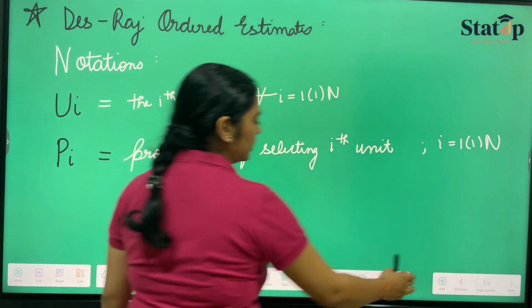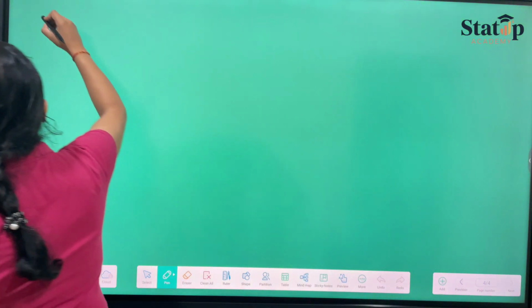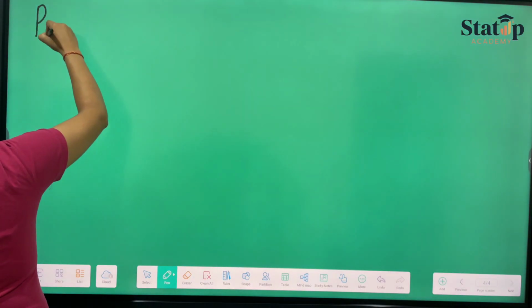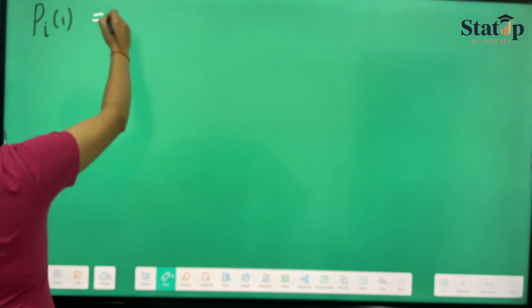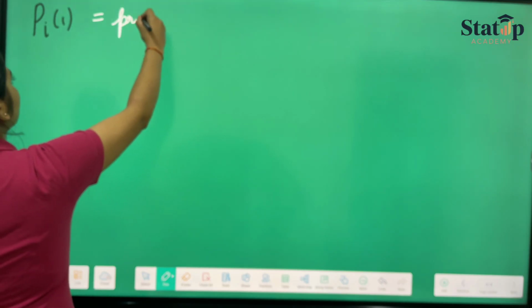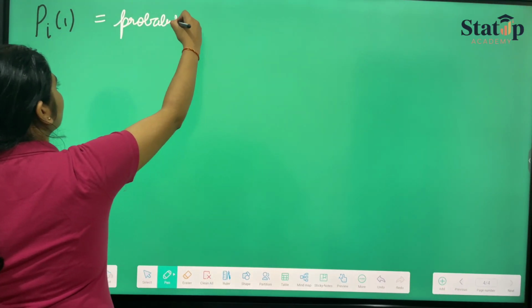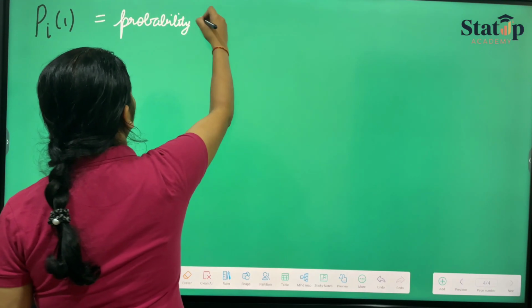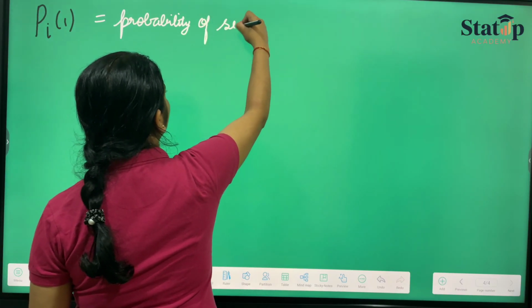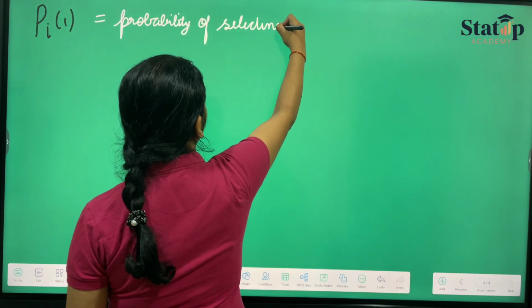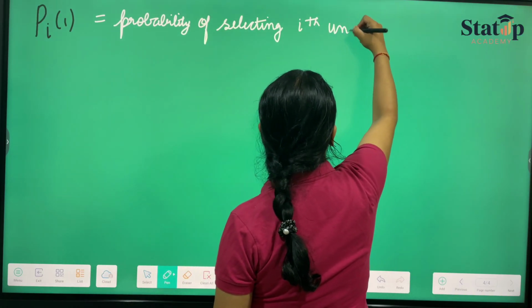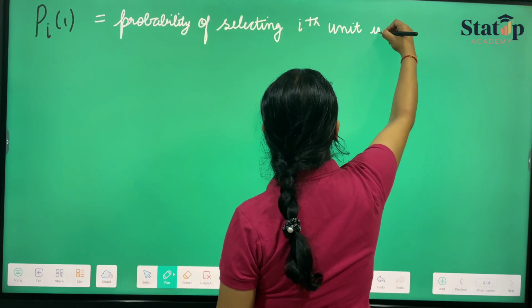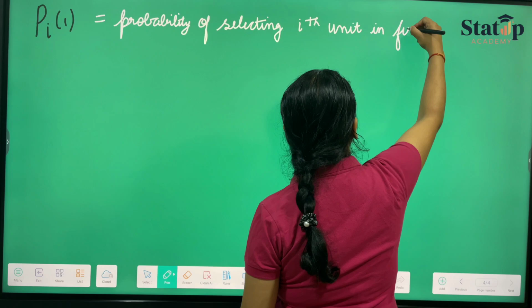Now, taking another notation, Pi1. This is the probability of selecting ith unit in first draw.